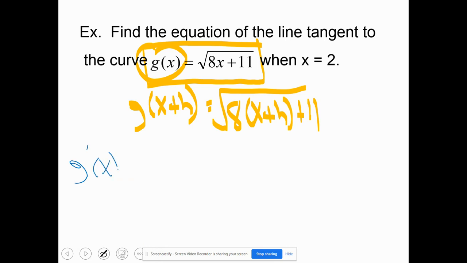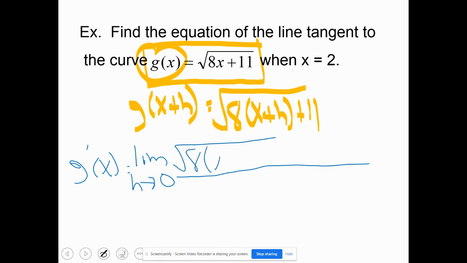G prime of x equals the limit as h approaches 0 of the square root of 8 times x plus h plus 11 minus the original function, which is the square root of 8x plus 11, all over h.